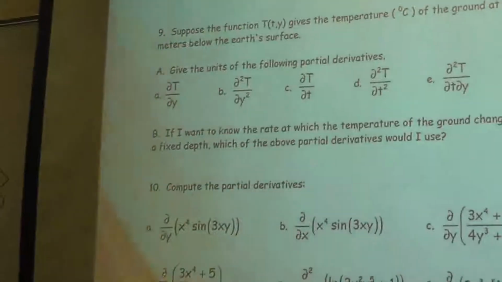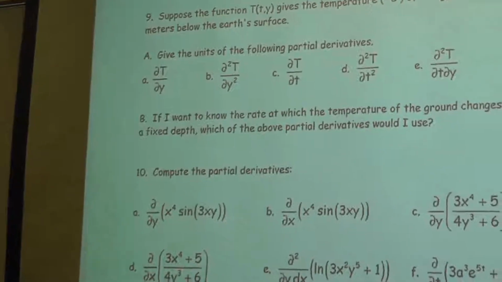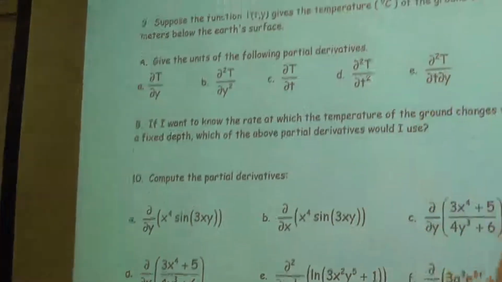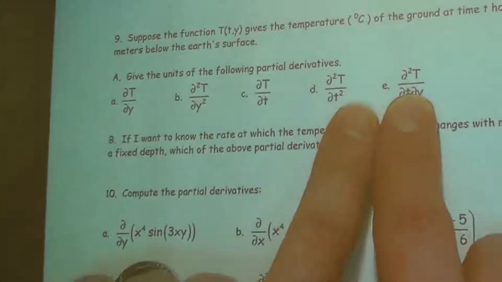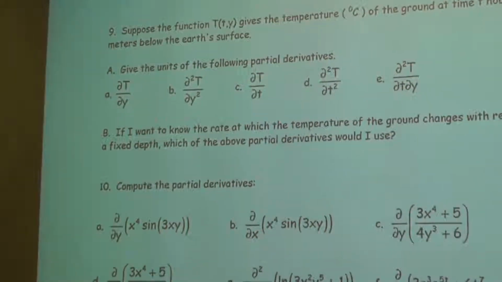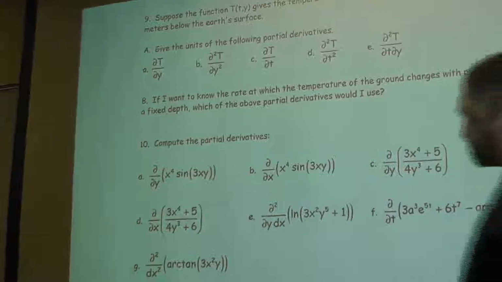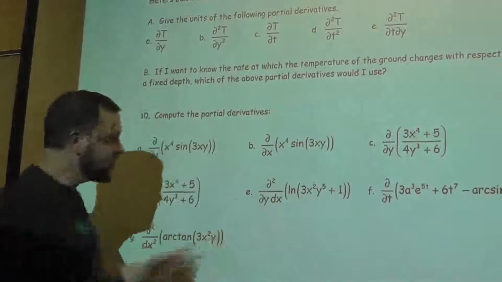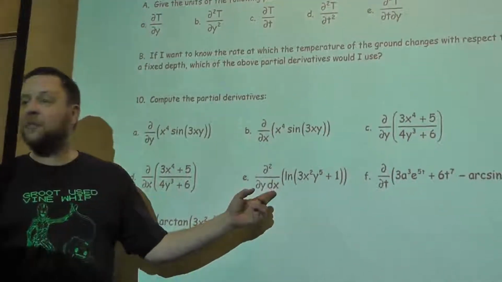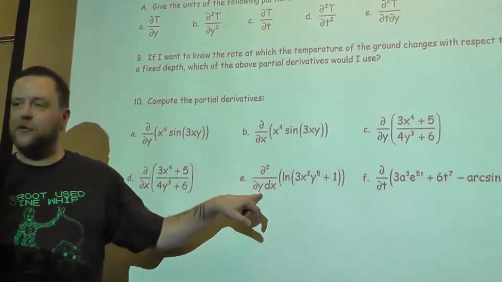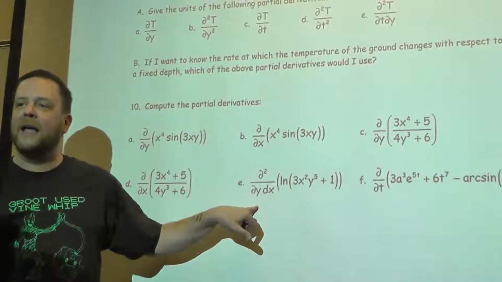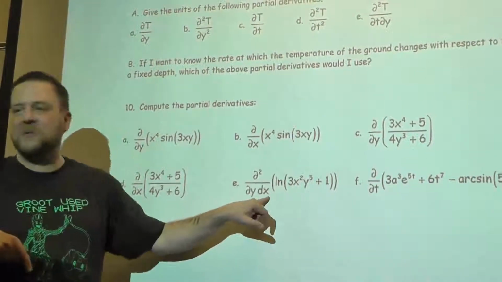The E and the G. Oh, so this E and this G. Okay, so just finding the partial derivatives. But this one, it's a second partial, and the order here means find your first partial with respect to y, and then take its partial with respect to x.